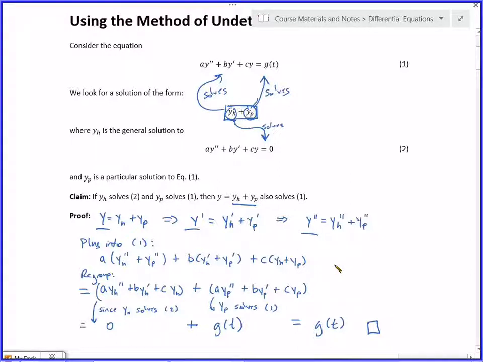Okay? And why is this YH plus YP better than just YP? I've already told you YP solves 1, so why do I need YH at all? Because I need a general solution. I need a 2-parameter family of solutions so that I can solve initial value problems.